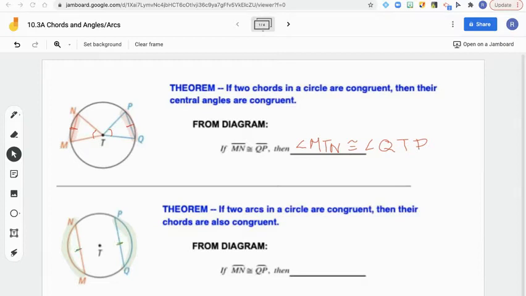If this is actually an arc, so you see this is a little bit rounded, it's hard to see there on the screen, but if arc MN is congruent to PQ, then our segment MN is also congruent to our chord or segment QP. Okay, so those are our first two theorems.